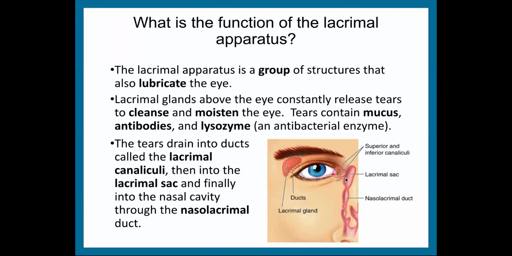Both the superior and inferior canaliculi are connected to the lacrimal sac. The tears are going to drain from those canaliculi into the lacrimal sac right here, and finally down into the nasal cavity through the nasolacrimal duct, which is right here. Okay, so that mucus is draining down this way.